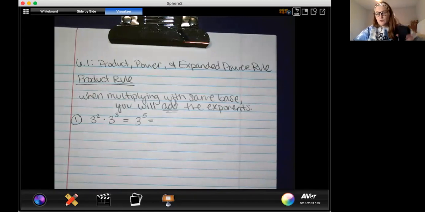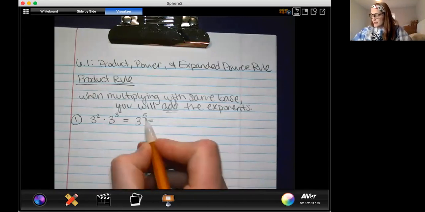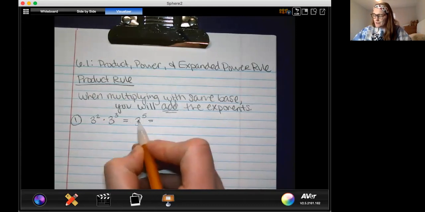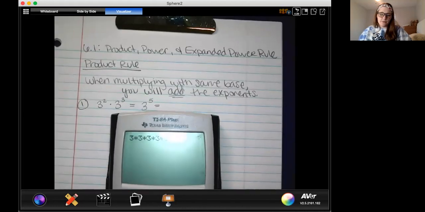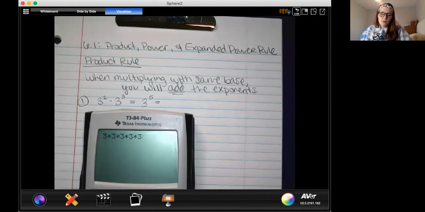Keep in mind, when you have an exponent, that essentially means you're multiplying that base by itself that many times. So you can either say 3 times 3 times 3 times 3 times 3 to get your answer, multiply 3 five times, or you can use the caret, 3 caret 5. Okay, which is a lot easier, a lot quicker.